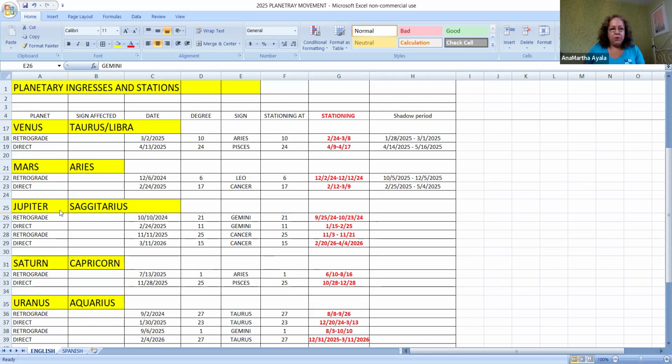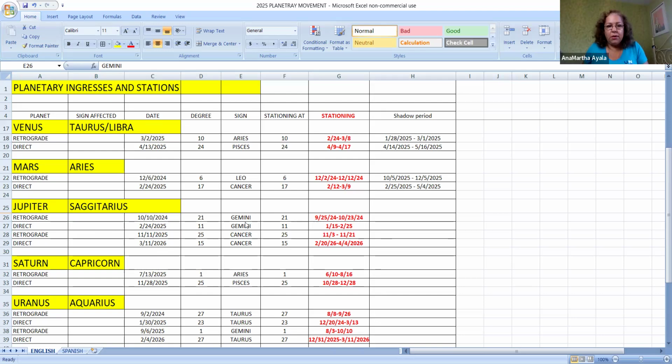All right, so Jupiter rules Sagittarius. So when Jupiter goes retrograde, the sign that's affected the most is Sagittarius. Now Jupiter is going to have two retrogrades, kind of, because the first retrograde started October 10th of 2024 at 21 degrees of Gemini, and these are the stationing times. And then it goes direct February 24th of 2025 at 11 degrees of Gemini.